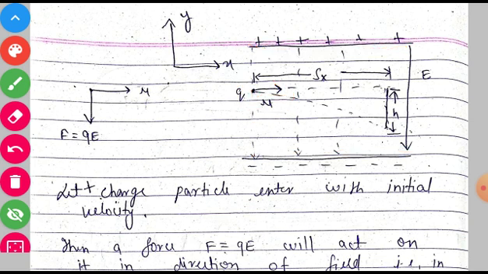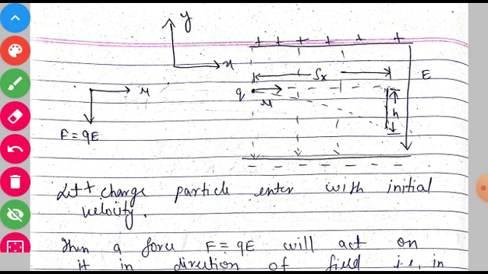Now as the charged particle enters the field, we all know that whenever there is a charge in a field, the field exerts a force on it, and the force is given by F equals qE. If the charged particle is positive, the force acts in the direction of the field, and if the charged particle is negative, this force acts opposite to the field.